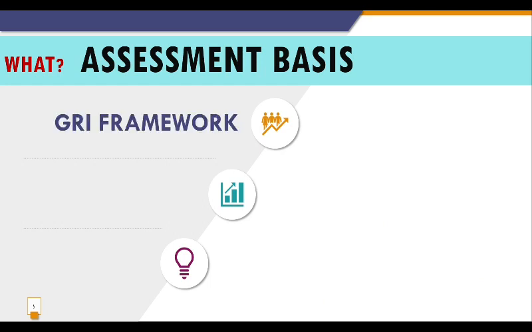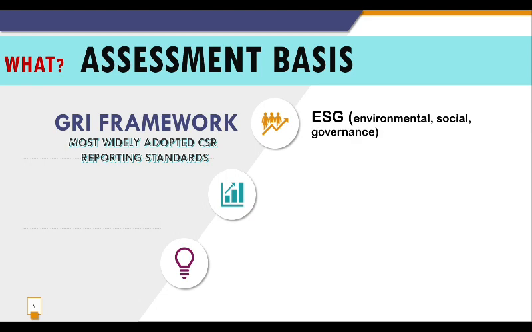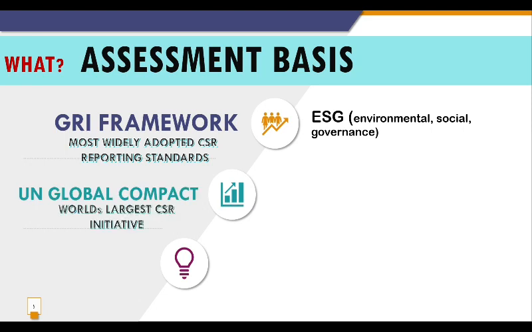We have the GRI framework, which is the world's widely adopted CSR reporting standard. It looks into the environmental, social, and governance aspects of the firm or organization. Then we have the UN Global Compact, which is the world's largest CSR initiative, with 10 principles.